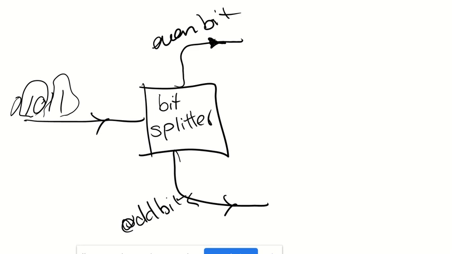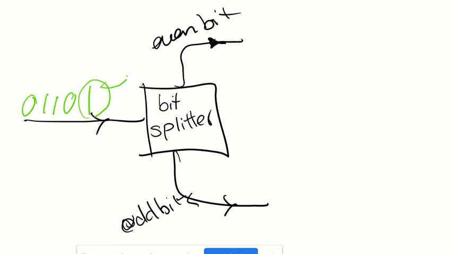For example, this is what I'm sending: 0, 1, 1, 0, 1. The first bit here will go here, and there's a shift register here. And the next one will go here, or vice versa. The idea is that they get split. And then as the shift register sends more bits, the one goes up, the other one goes down.